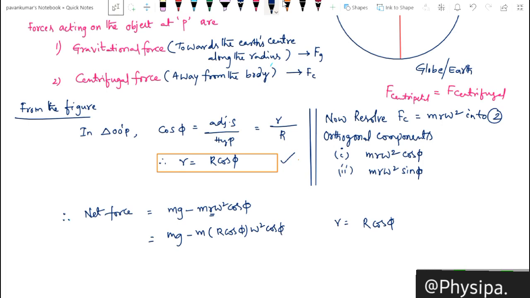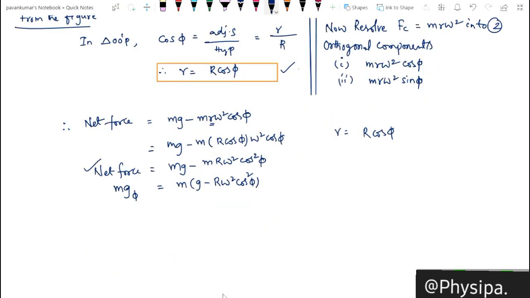In the next step, we have mg minus m R omega square cos square phi, which is equal to the net force. Taking m common, the net force is written as m g suffix phi. m gets cancelled, and finally we arrive at the acceleration due to gravity at the latitude.